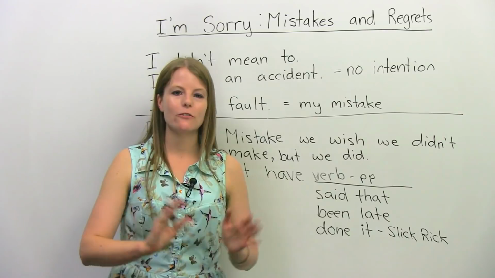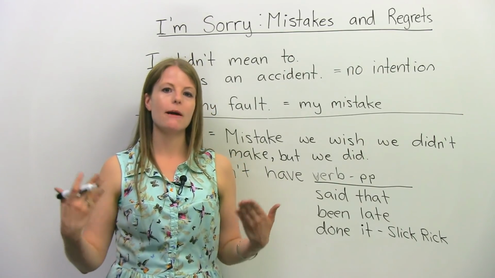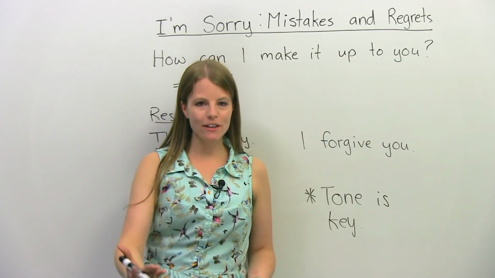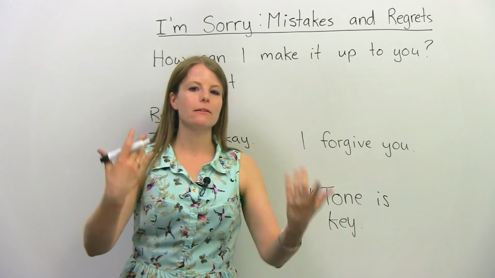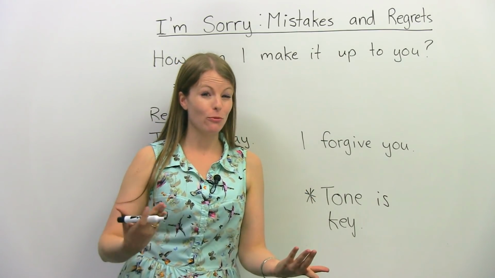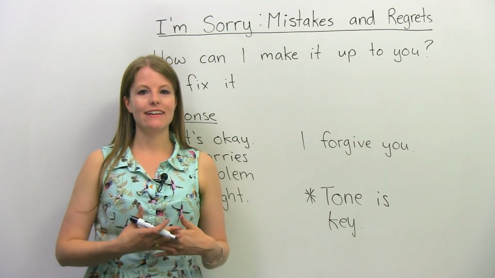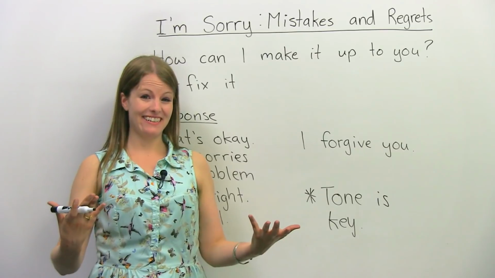All right, so now let's talk a little bit more about how to say we're sorry. So you've apologized, you've talked about your regrets, what you wished you hadn't done. The next thing we're going to talk about is how you can fix it.